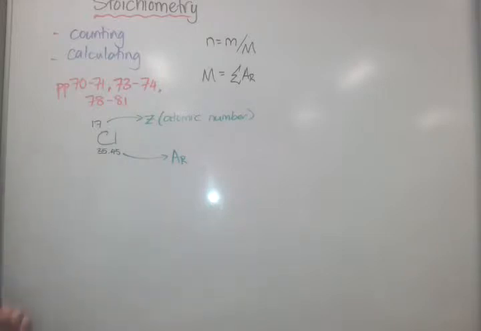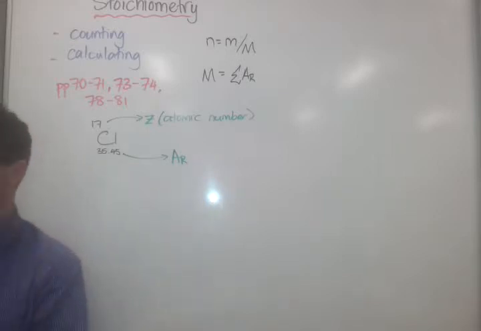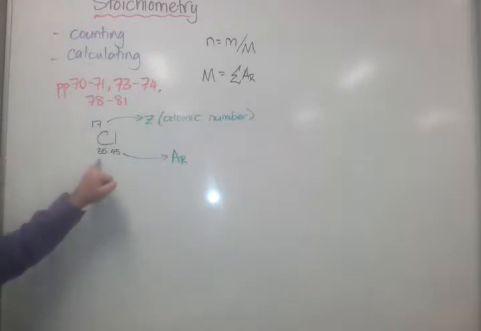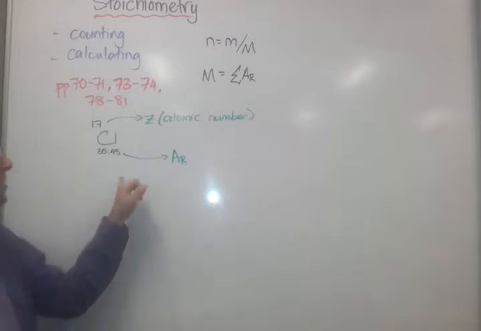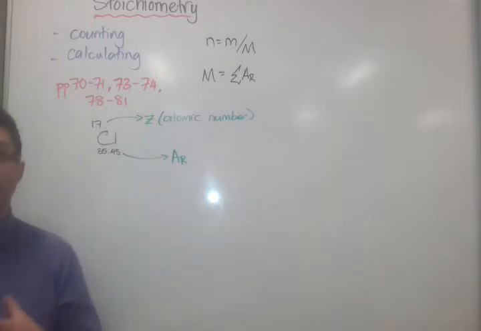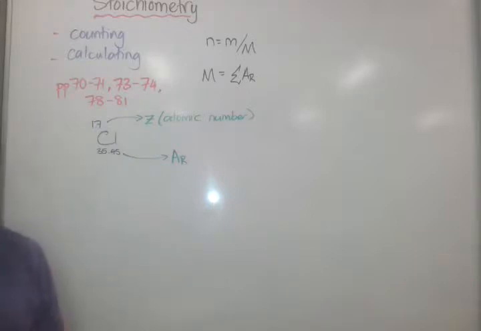Now, the reason that it's not a whole number, and this could be asked in a question in another unit on structure and bonding, is because isotopes exist of chlorine. There's chlorine-35, with 18 neutrons, and there's chlorine-37, which has 20 neutrons.